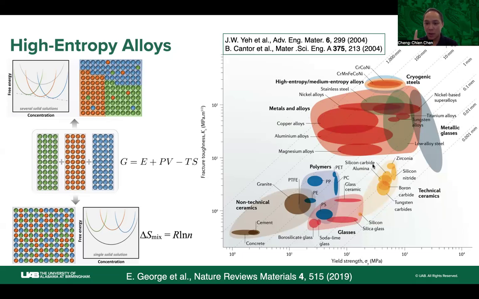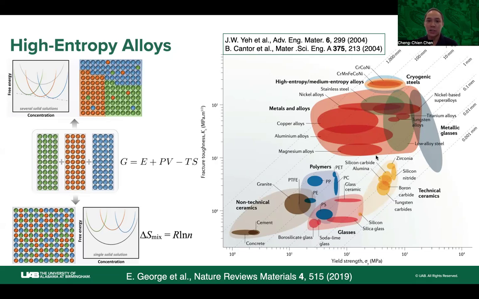They usually have one major base material, for example, copper or aluminum, with addition of a small ratio of secondary elements. However, for high entropy materials, for example, the high entropy alloy chromium, manganese, iron, cobalt, nickel, they have 5 or more elements in roughly equal molar ratios, and you can see that sometimes they can show superior mechanical properties compared to their binary or ternary counterparts.